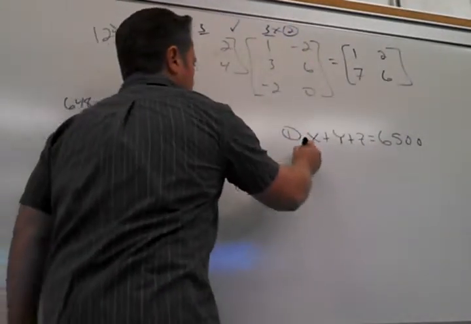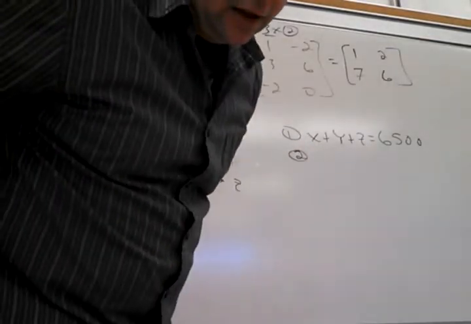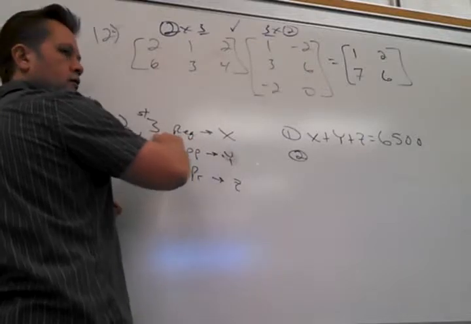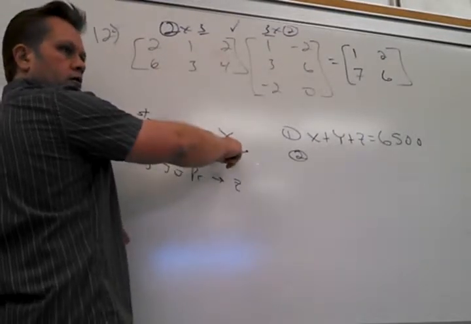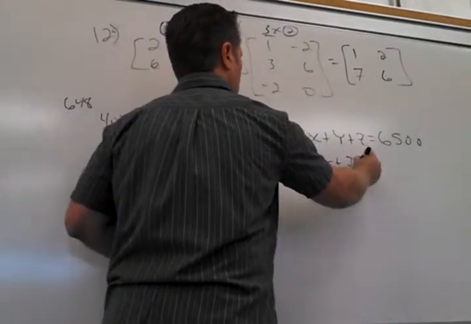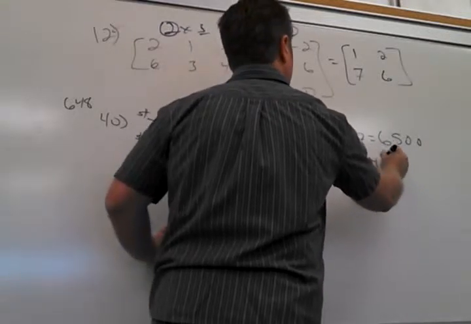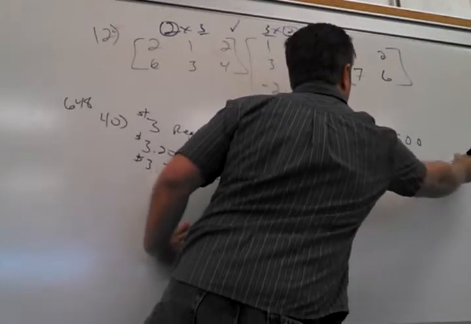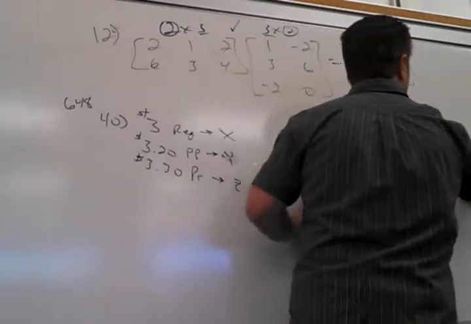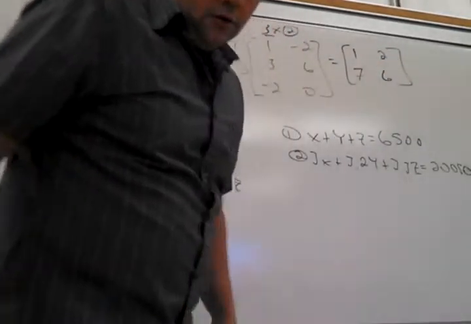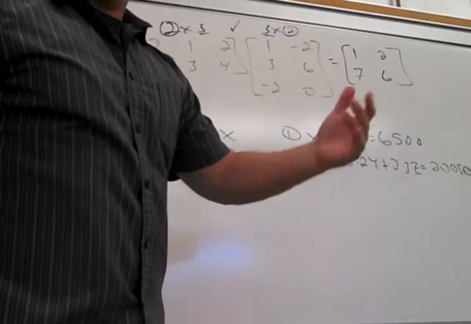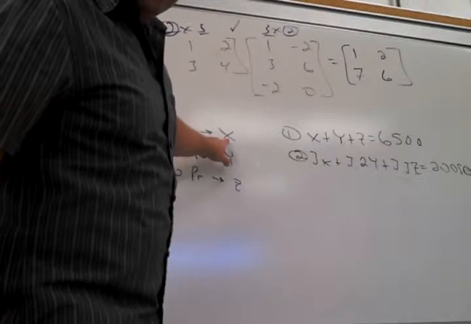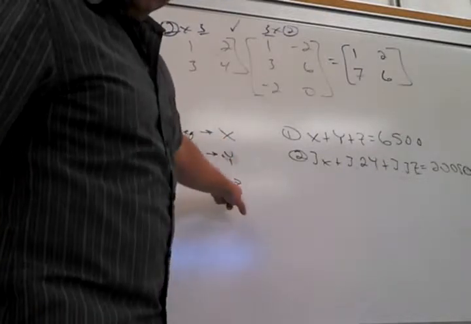And then the second one is dealing with the money. They say they made $20,050. From the regular they made $3 per gallon, so 3X, and so forth, equals 20,050. And then they give you that 3 times as many gallons of regular as premium were sold.